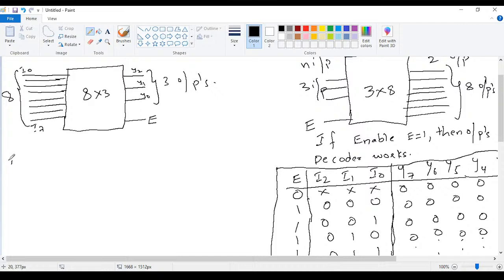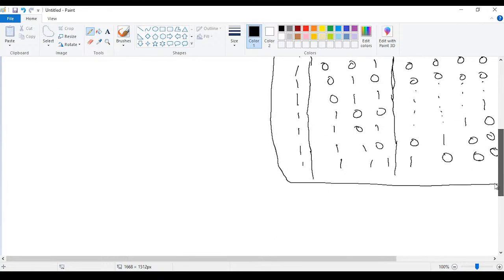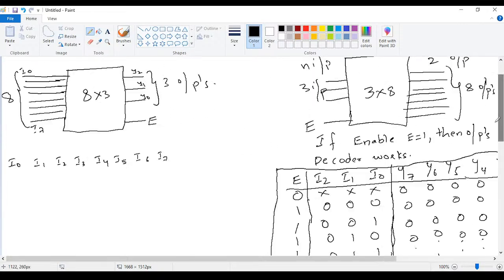So let us take the I0, I1 truth table, we are going for I0, I1, I2, I3, I4, I5, I6 and I7. Okay, and here we have the outputs. We have a lot of space here, we just go down.